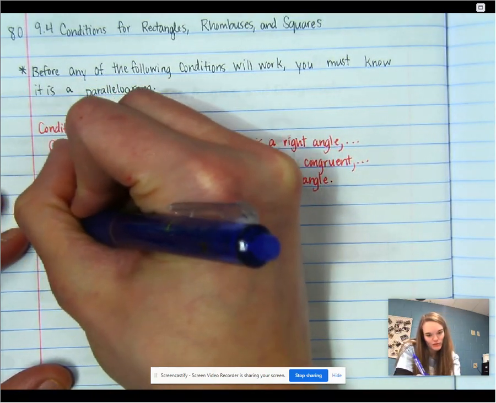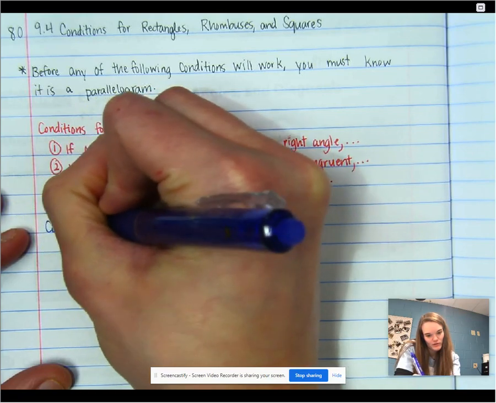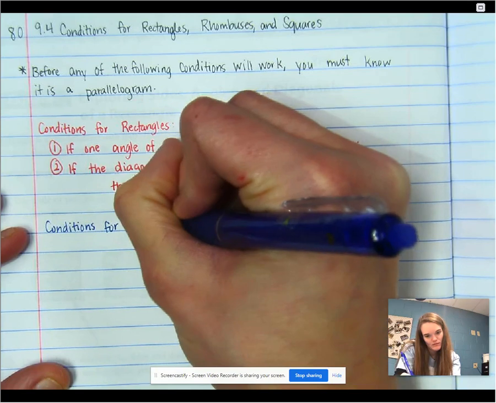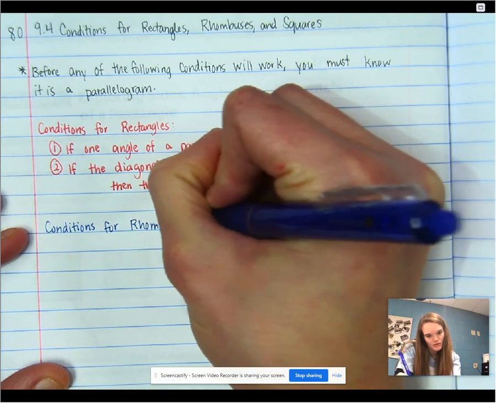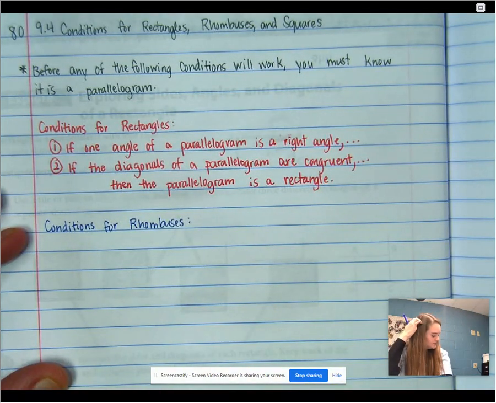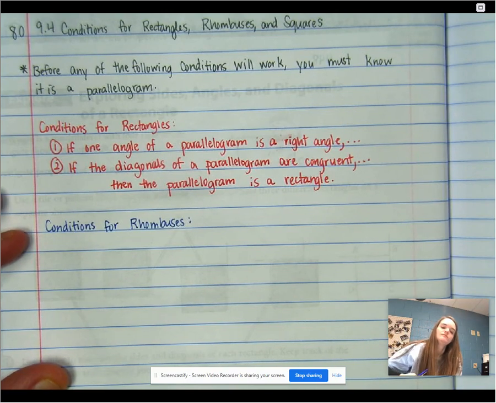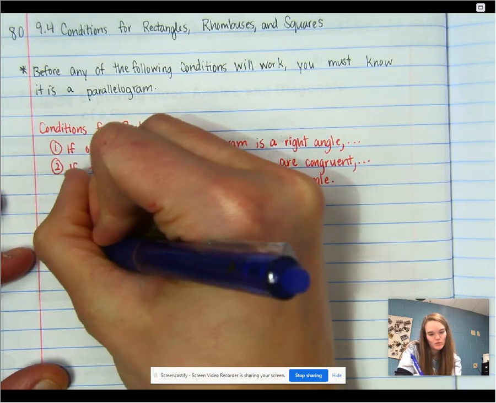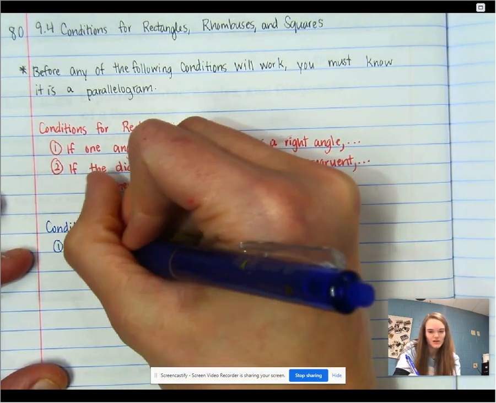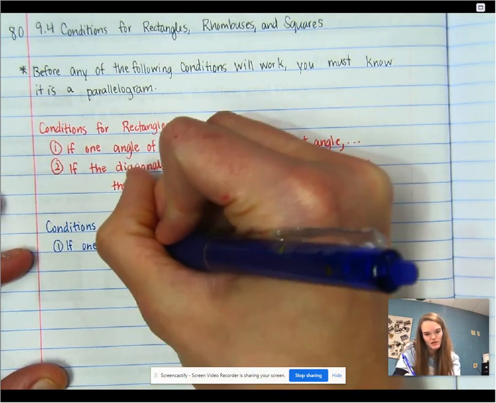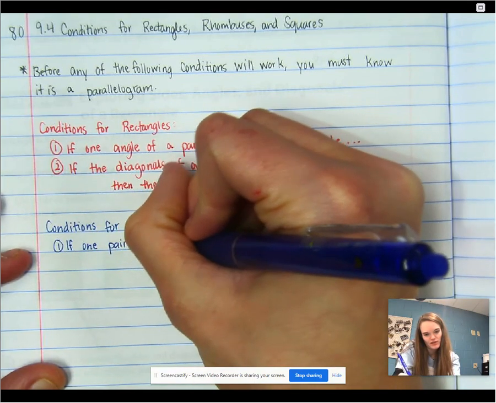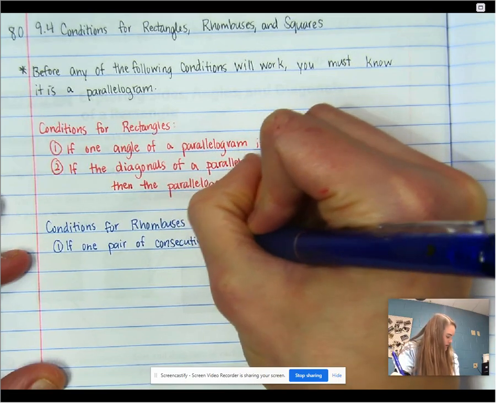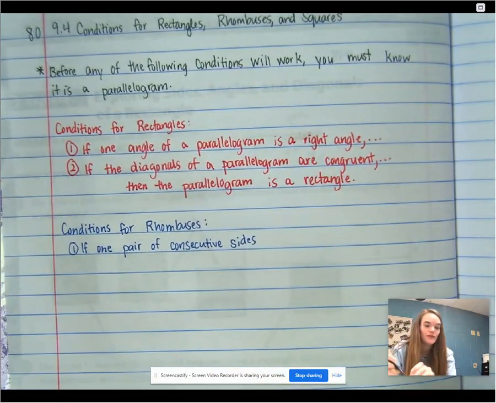All right, conditions for rhombuses. There are three. The first one, if one pair of consecutive sides, let's talk about what that means.